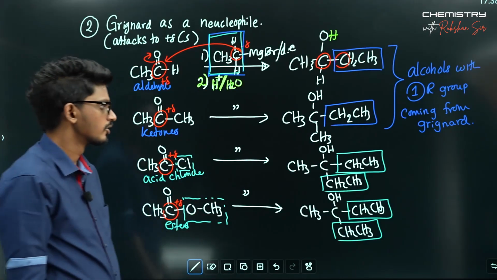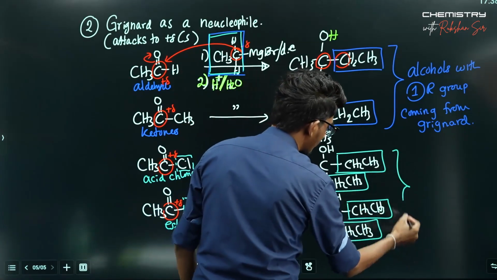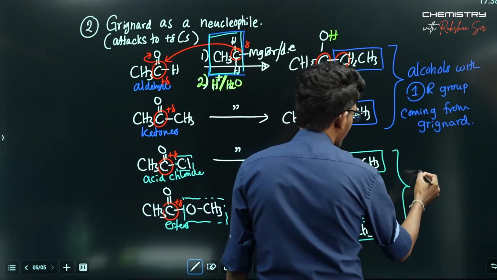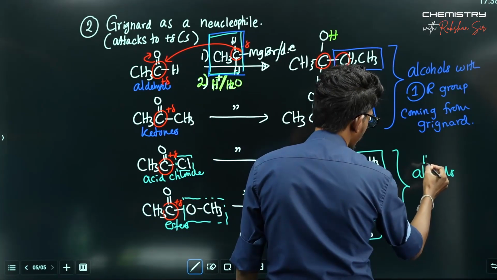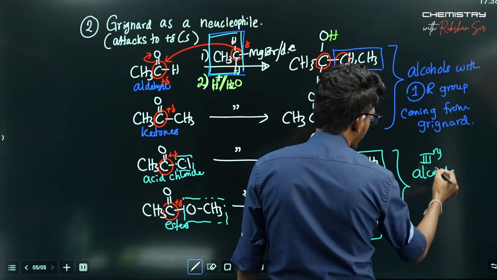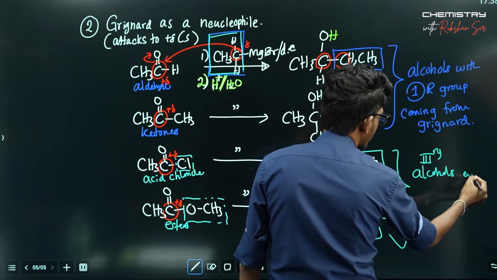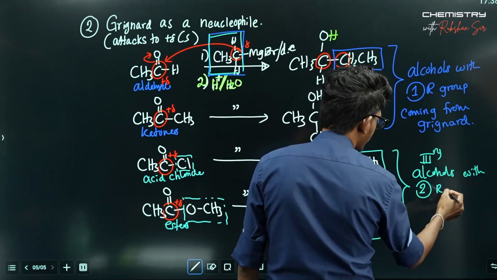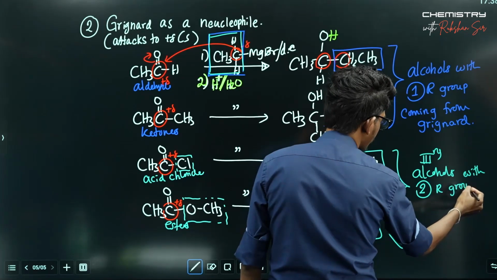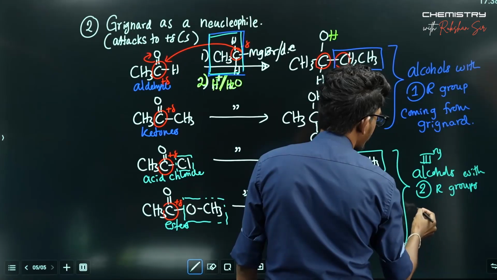So the acid chlorides and esters will produce alcohols, definitely tertiary alcohols, with two R groups, two alkyl groups from the Grignard.